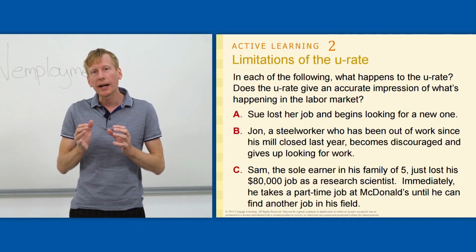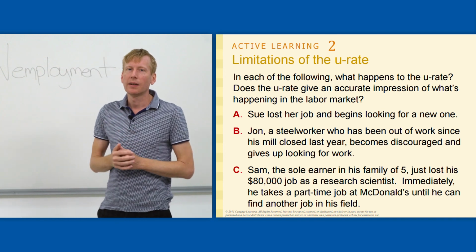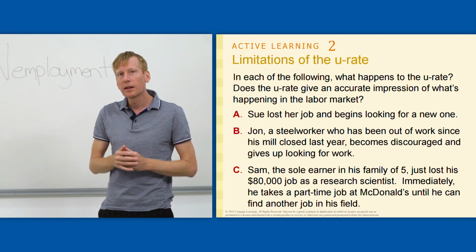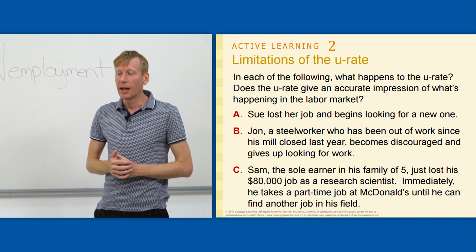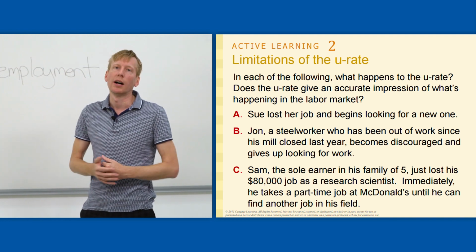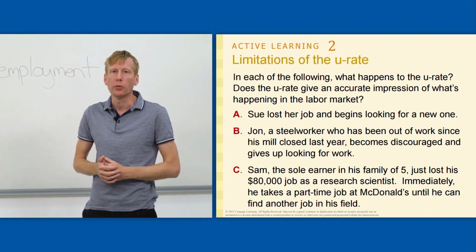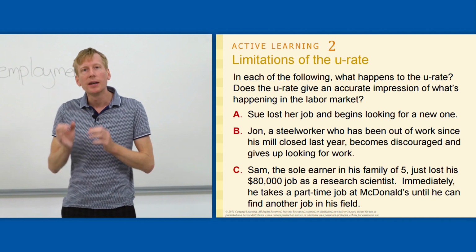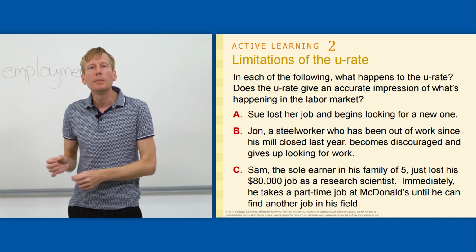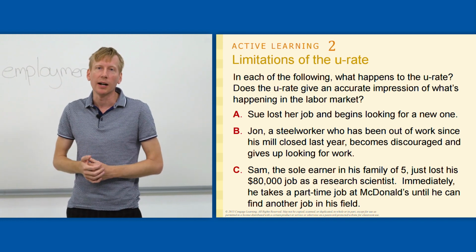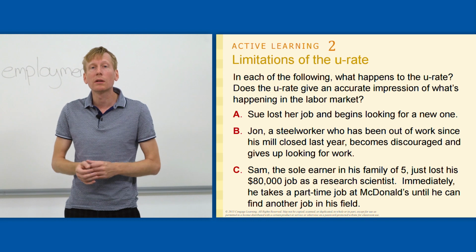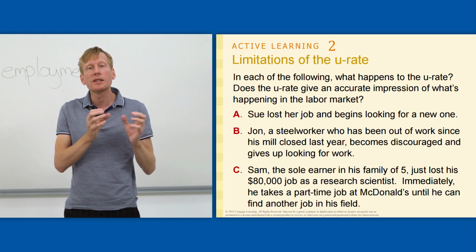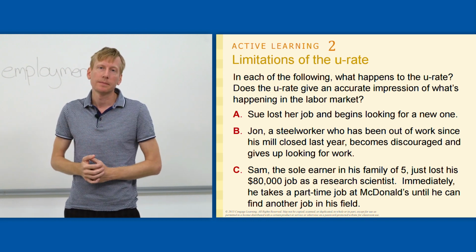So suppose we look at the first scenario here, in which our individual named Sue loses a job and immediately begins to look for a new job. What happens to our unemployment rate? Well, that's the simple case that we're intending to capture. If Sue loses her job and immediately begins to look for a new job, then she is no longer employed, she is now unemployed.